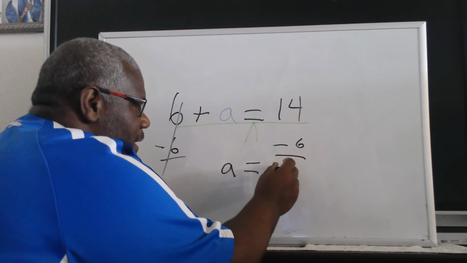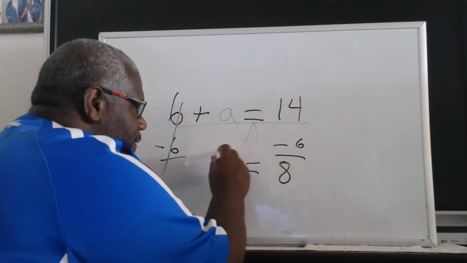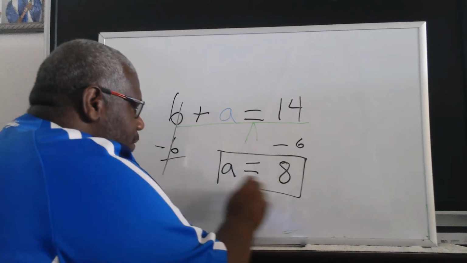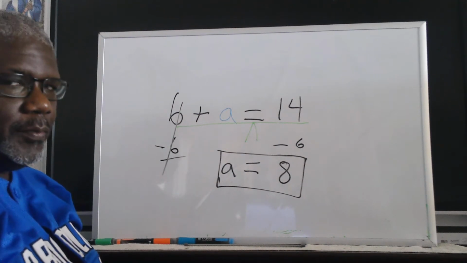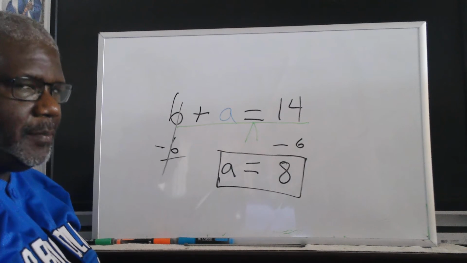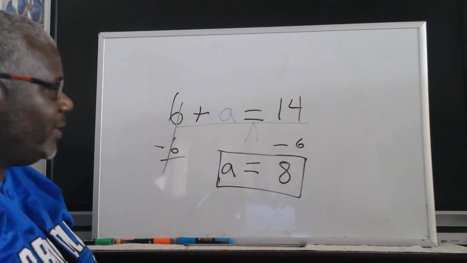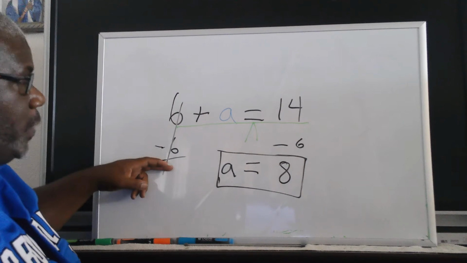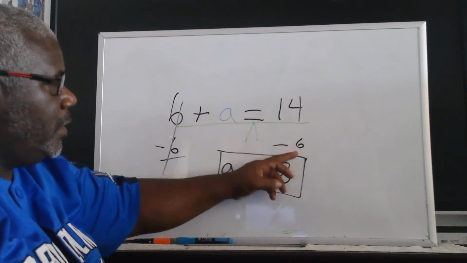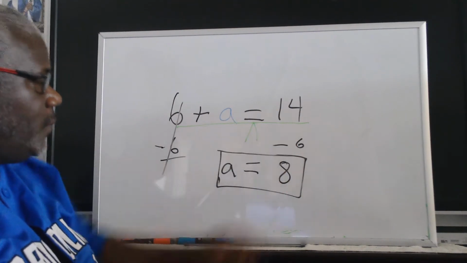And 14 minus 8 is 6. It's that simple. Didn't do nothing that much more difficult, did we? Nah. All we did was remove what we didn't need. Remove this quantity from here as well.